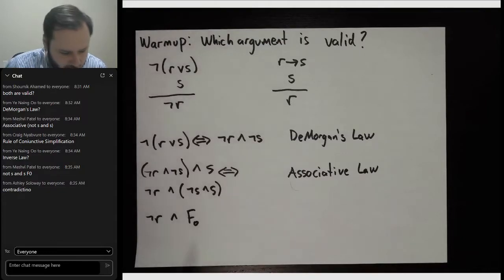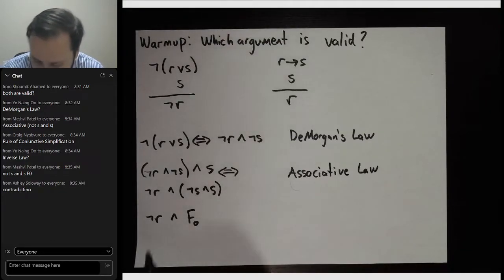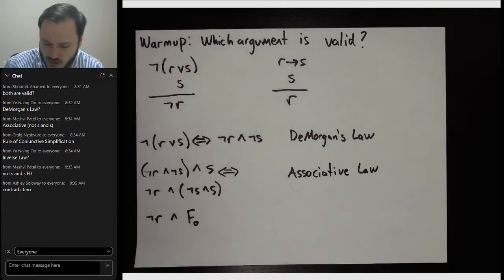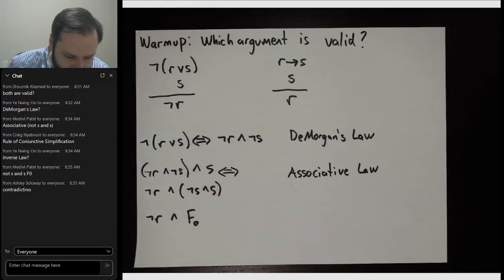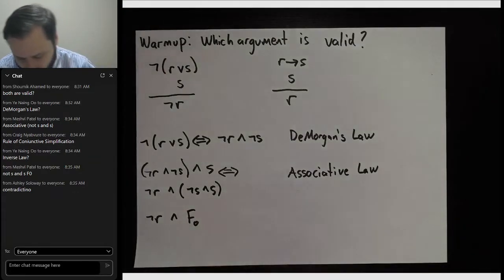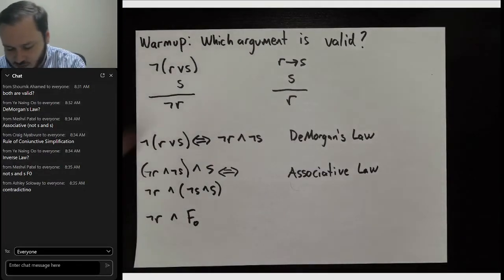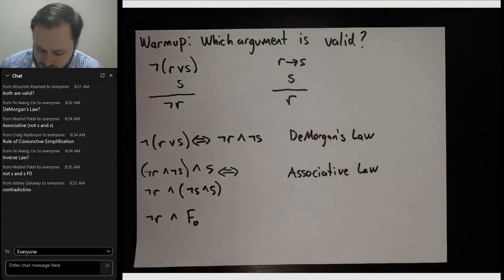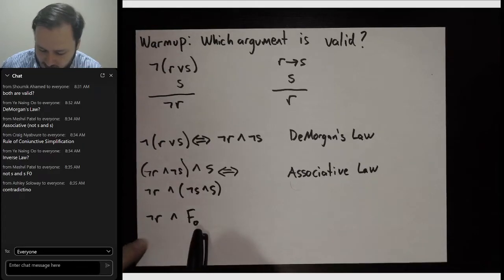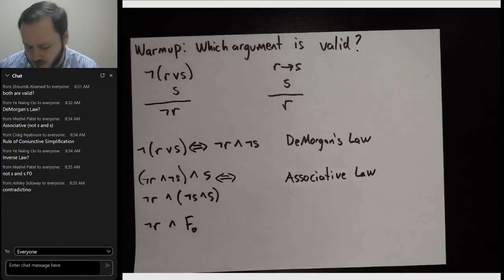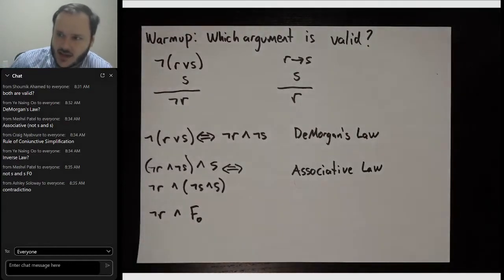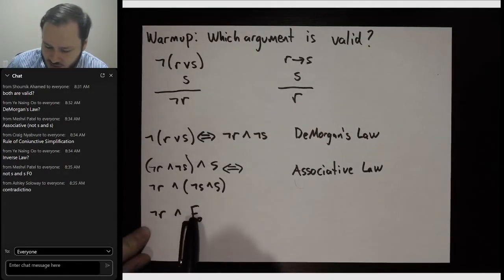So I have not R and false, which means I should be able to conclude R, but if I was looking to use one of my laws of inference, then I would have hoped that this would have said R, because from not R and falsehood, well, you would want not R implies falsehood there to use that one. But I have a contradiction, which means I have falsehood up here.